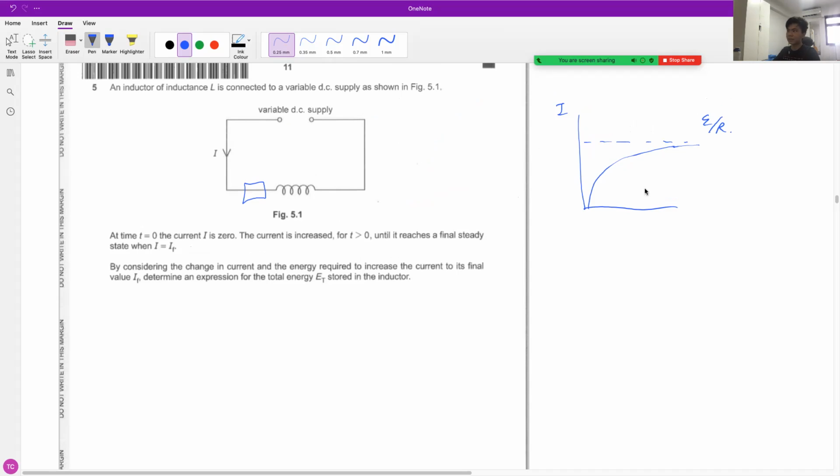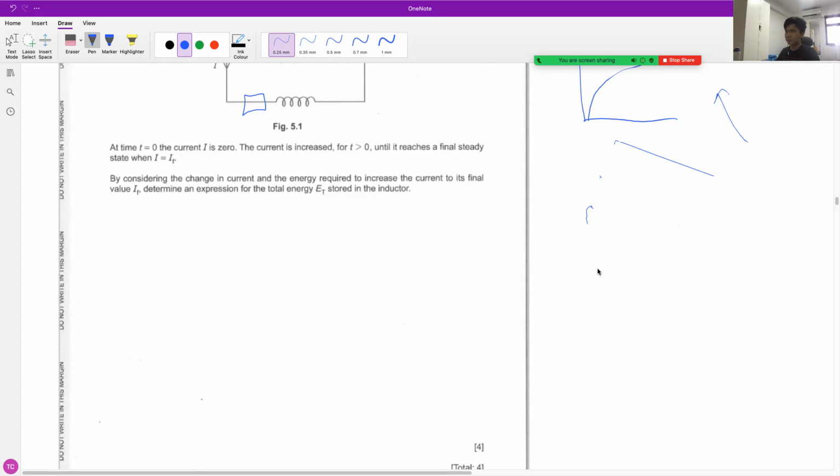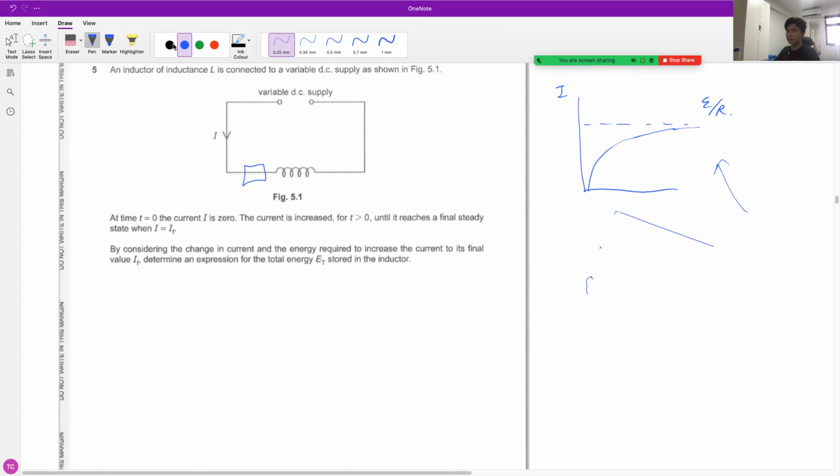But instead of having E over R over here, it approaches I_F, where F is the final steady state. So no resistor, but we know our current approaches a final steady state.